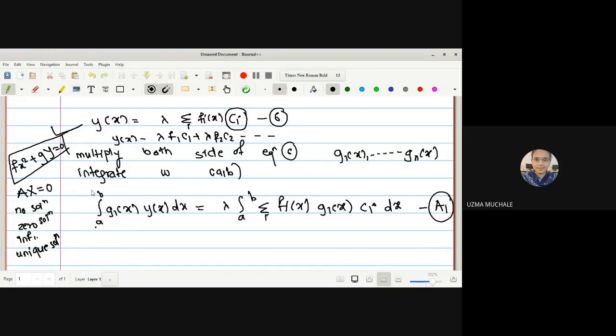Have you heard this? If you haven't heard, you have to go to your BSc notebooks and study this. In simultaneous equations, the types of solutions we obtain are either no solution, zero solution, infinitely many solutions, or we may get a unique solution.